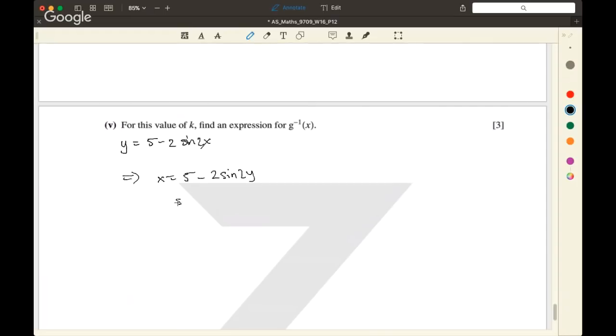So sine of 2y is equal to 5 minus x over 2. So 2y is equal to inverse sine of 5 minus x over 2. So y is 1/2 inverse sine of 5 minus x over 2. And there you go.